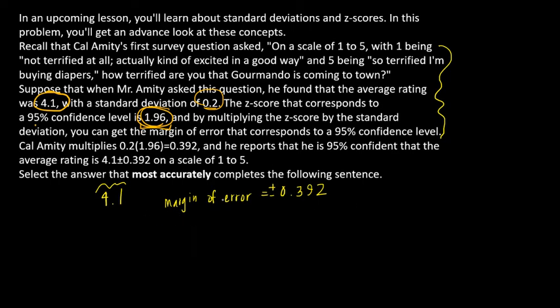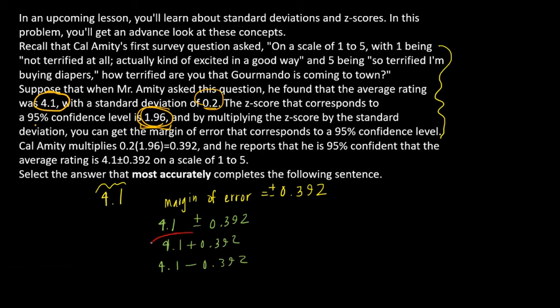So set this up exactly like you did with the last two. You have this 4.1 number plus or minus 0.392. That's going to give you two numbers: 4.1 plus 0.392, and 4.1 minus 0.392. And that's going to establish your range.